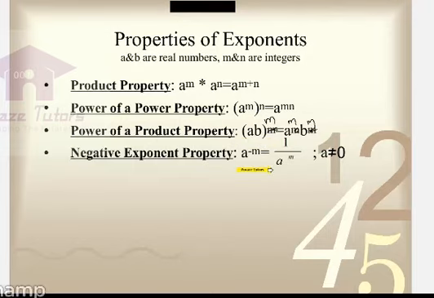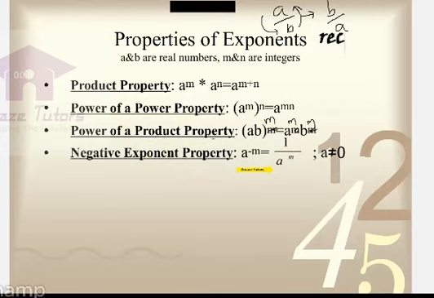For example, if it is a by b, to reciprocate this fraction, b goes to the top and a comes to the denominator. That is called reciprocating: b by a. You are just switching the numerator and denominator places.